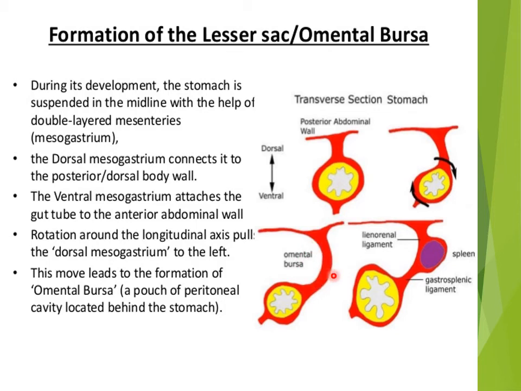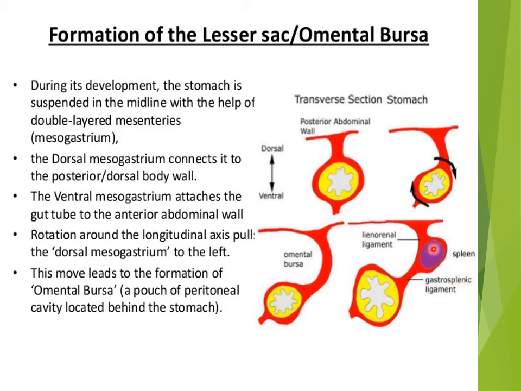This dorsal mesogastrium, which is now towards the left side, also has mesodermal proliferation, that is the formation of the spleen. So the splenic tissue is going to form in that dorsal mesogastrium. The attachment of the component of the dorsal mesogastrium where the spleen is developing, attached to the stomach, is the gastrosplenic ligament.